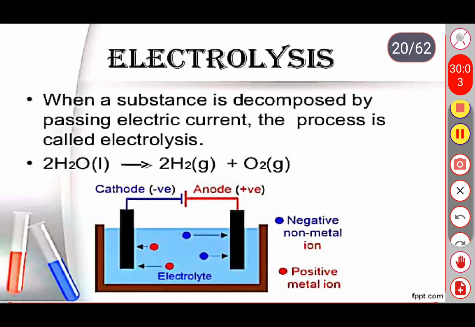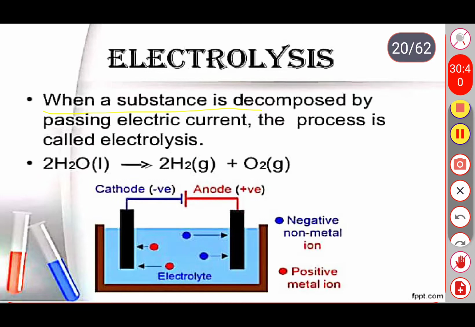Some compounds like oxides and chlorides of metals are decomposed by passing electric current through them in their molten states. Water also decomposes when electric current is passed through it. So when a substance is decomposed by passing electric current, the process is called electrolysis.